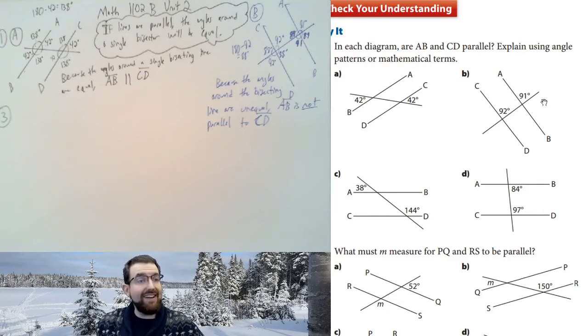That's one way we could phrase it. We could also assume they were equal and then say this one plus this one would be the same. Or in 1d, if we assume they were parallel, then this angle plus this angle would have to be 180. Turns out it's not.